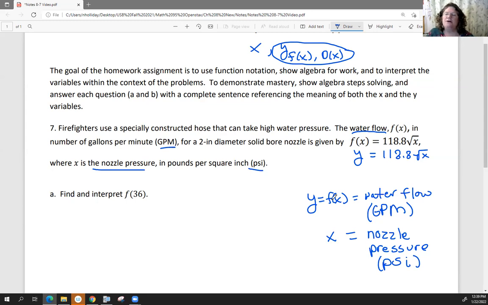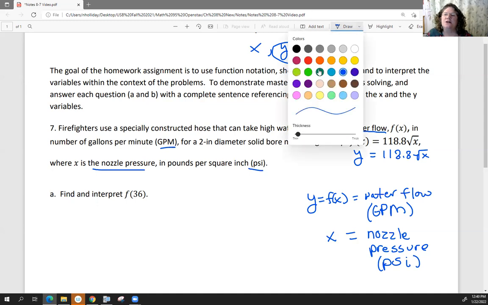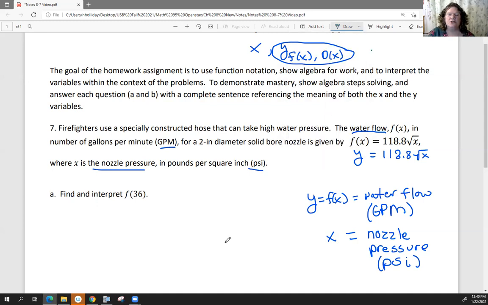So when you're working with function notation, let me just switch colors here. It's doing a couple of things. Not only does F of X mean that it's the Y variable, but it also can tell you to do an operation, and that's what's happening here.